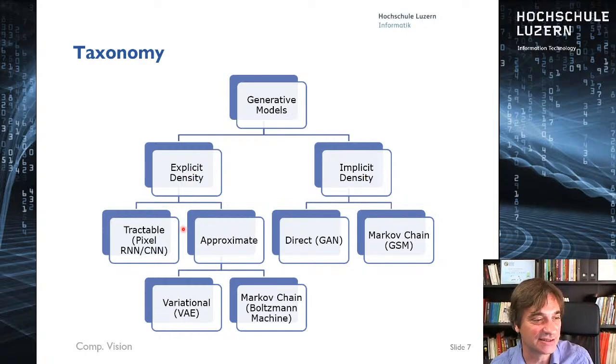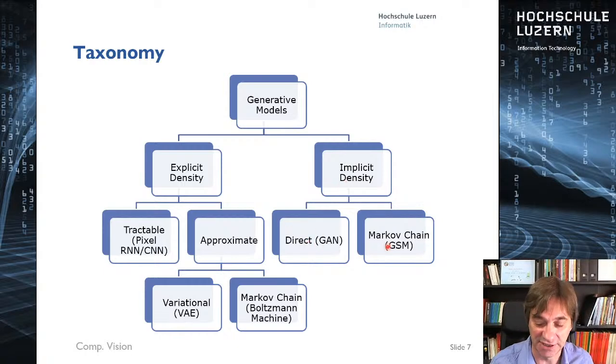Okay, so in general, we can say these generative models have these two possibilities, implicit or explicit. And for explicit, there are different possibilities: using convolutions directly to get pixel distributions, variational autoencoders, and also Markov chain models. For the implicit density models, there are GANs and Markov chain models.